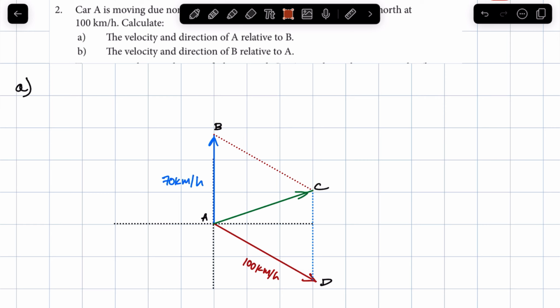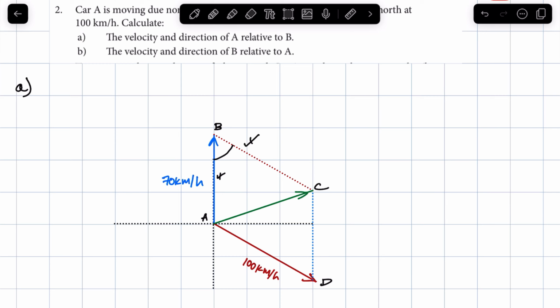So meaning, if for instance we had this angle, because we know this vector as well as this vector. This vector is 70 kilometers per hour. This vector is 100 kilometers per hour.